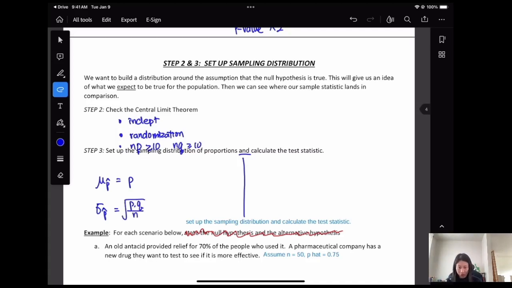For the test statistic, sometimes called the t statistic, we want the z-score, which equals p hat minus mu divided by the sigma of the sampling distribution of proportion. In this case, our z-score follows the normal distribution with mu equals 0, sigma equals 1, and then we can find our p-value.